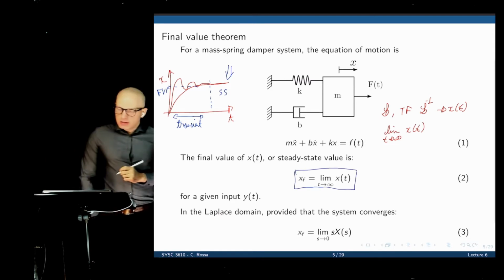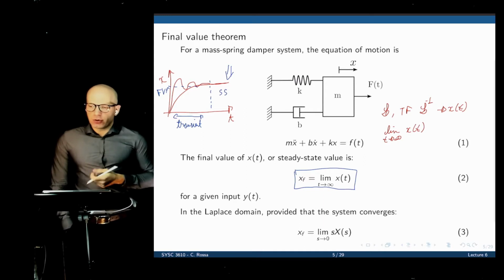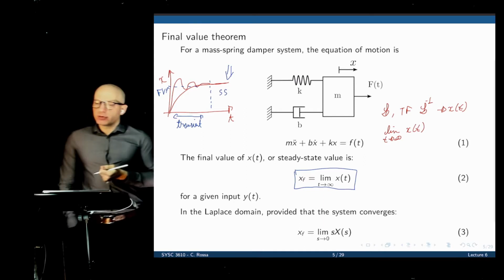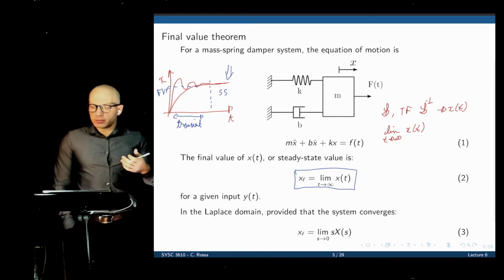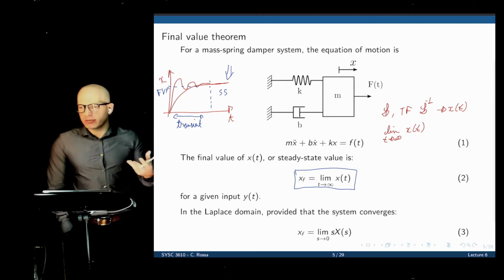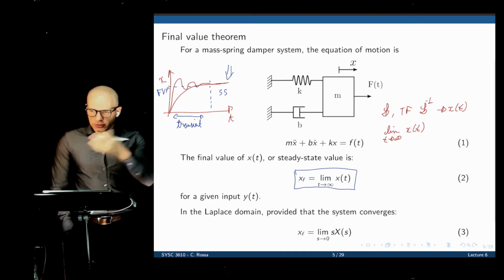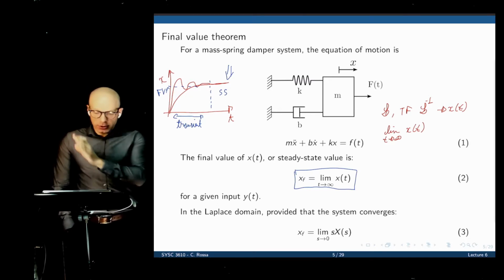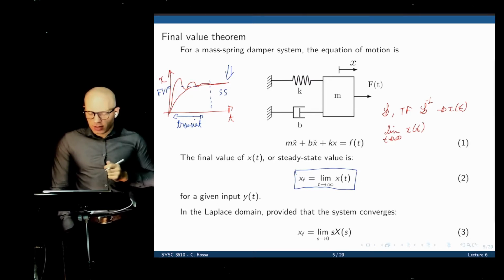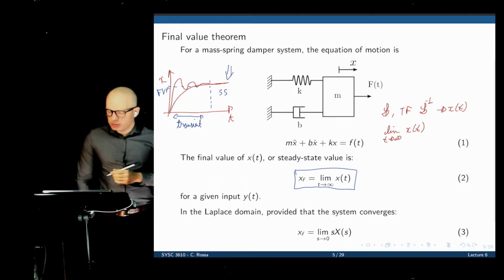But the other way doesn't require the inverse Laplace transform. For a second order system, taking the inverse Laplace transform to find the temporal response, if you're only interested in the final value, may be very time consuming and complicated depending on how the system is. Depending on the values of b, k, and m, we'll find completely different values.